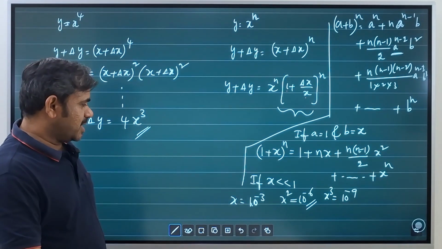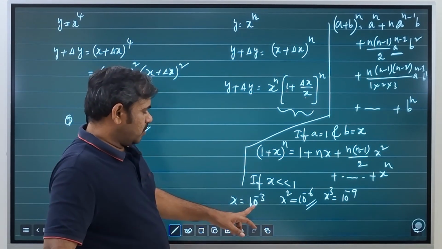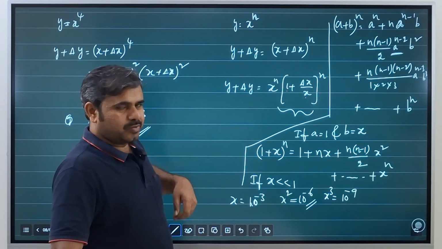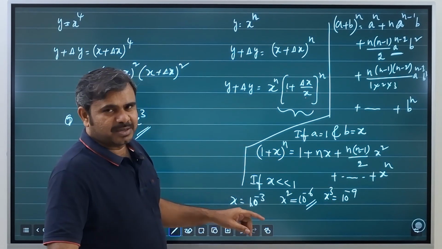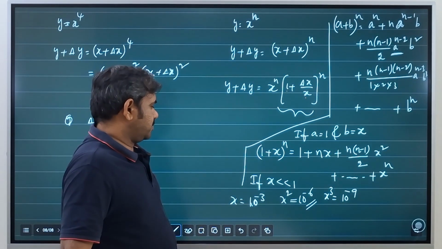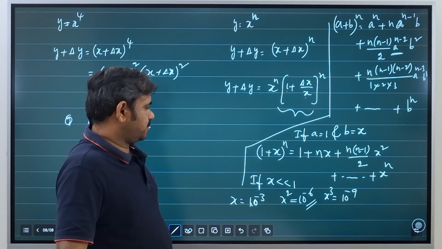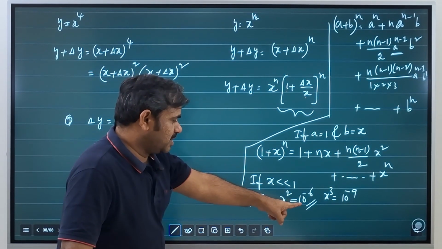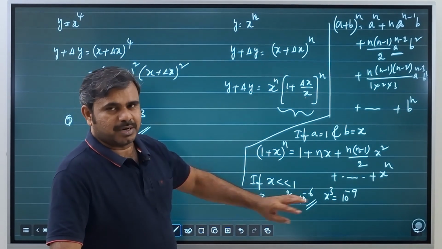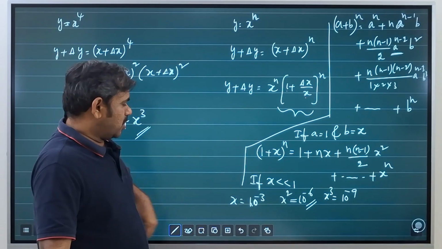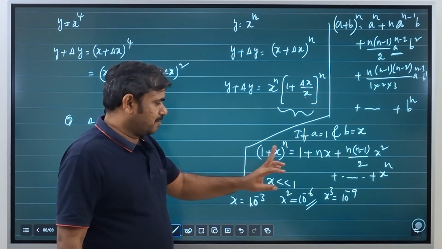If 1 is divided into 1000 parts, each part is equal to x. If 1 is 1000 rupees, 10^-3 is 1 rupee. 1 rupee is again divided into 1000 equal parts. So 1 rupee itself is very small when compared to 1.